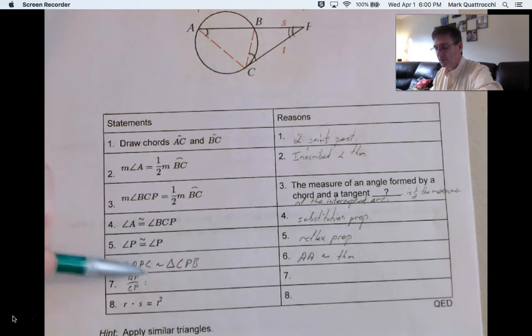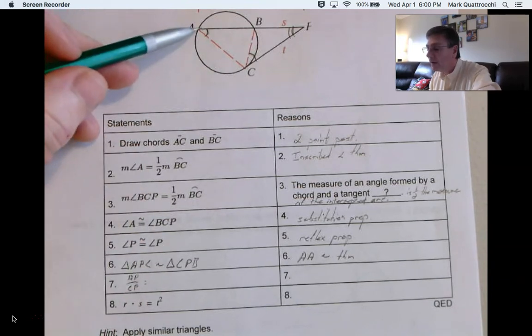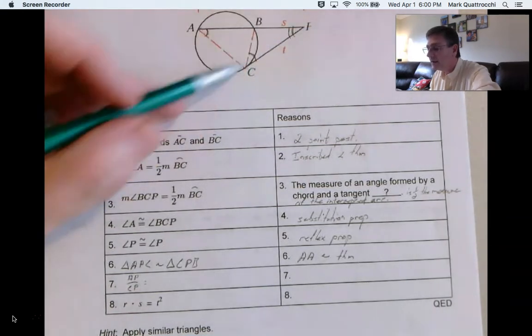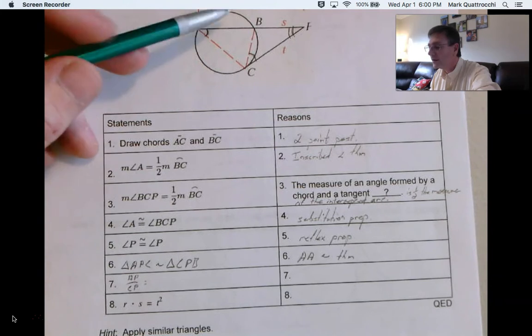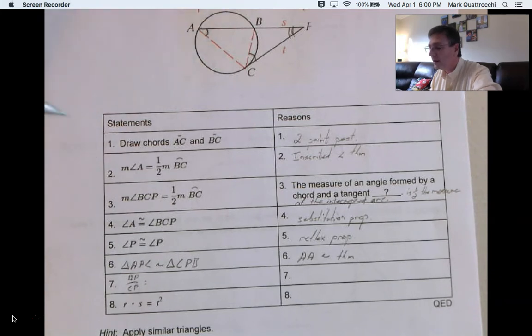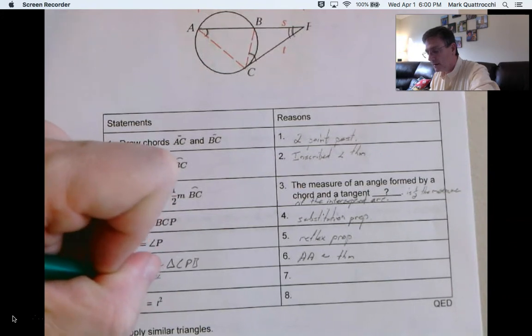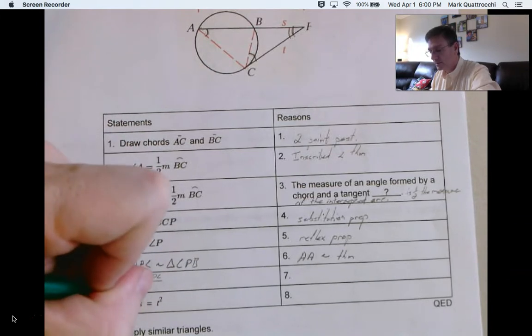AP from this triangle matches up with CP in this triangle. And PC in this triangle matches up with PB in this triangle.